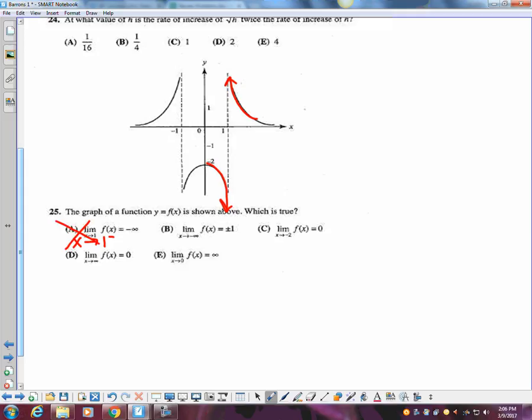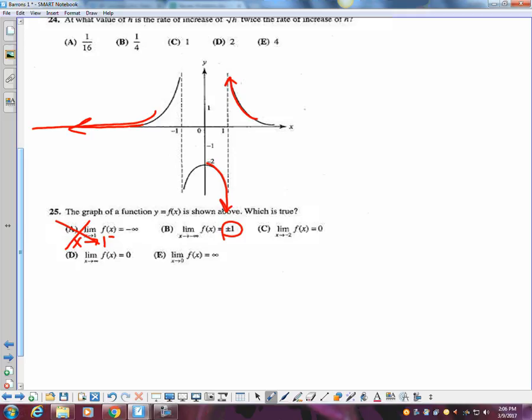Okay. The limit as x approaches negative infinity. That means as we're headed this way, as x is getting smaller and smaller, are we headed, it says, to a plus and a minus 1? Where's that headed? As x approaches negative infinity, I'm approaching the y value of 0.